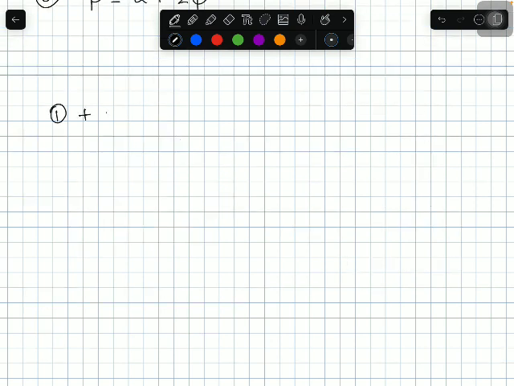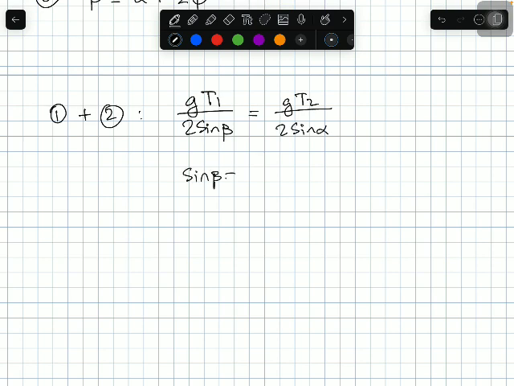Combining equations 1 and 2, we can get the following relation. g t1 divided by 2 sine beta equals g t2 divided by 2 sine alpha. From here, we get sine beta equals sine alpha times t1 over t2.